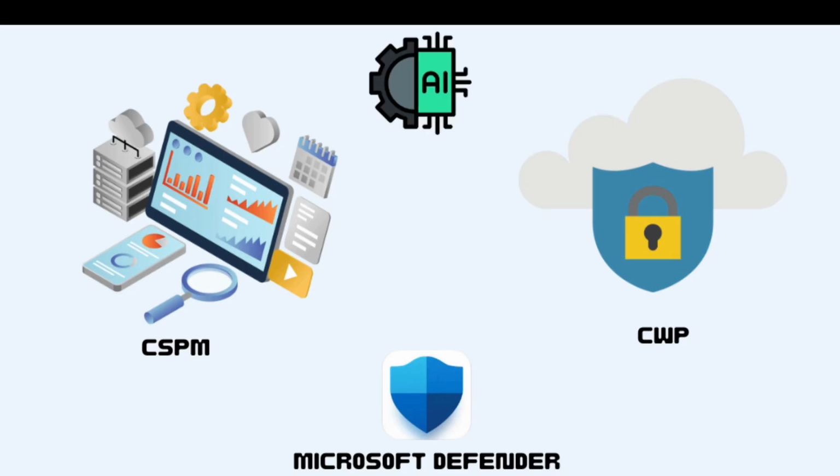It uses AI and machine learning for threat detection, and it can integrate with endpoint protection services to protect your virtual machines, containers, and databases. It can continuously scan your environment for compliance, and it can check against the frameworks like HIPAA and GDPR.